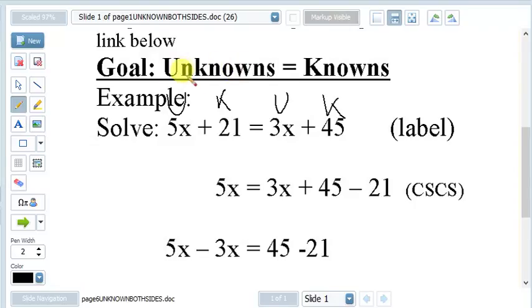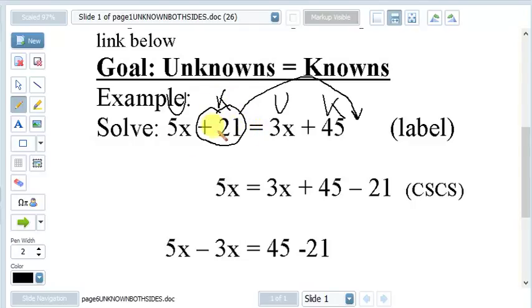So our goal is to get the unknowns on, we'll say, the left hand side in this equation, and the knowns on the right hand side. So what we need to do first of all is use change sign. For a more thorough understanding, I would suggest going to our solving equations video.